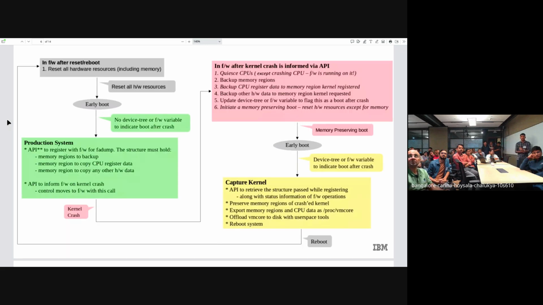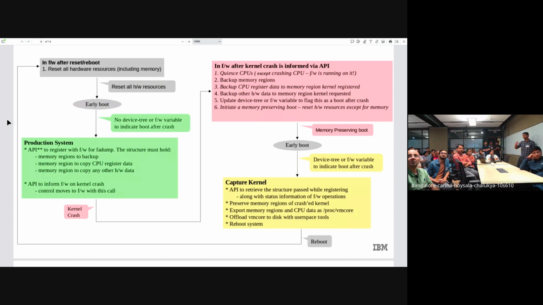So let me come to this. After you have registered with the firmware, if a kernel crash happens, then with the second API you inform the firmware that a crash has happened. Now it's just a simple H call that you make in the kernel. So no kexec is involved here. You just do an H call. The firmware gets to know that abnormal termination has happened.